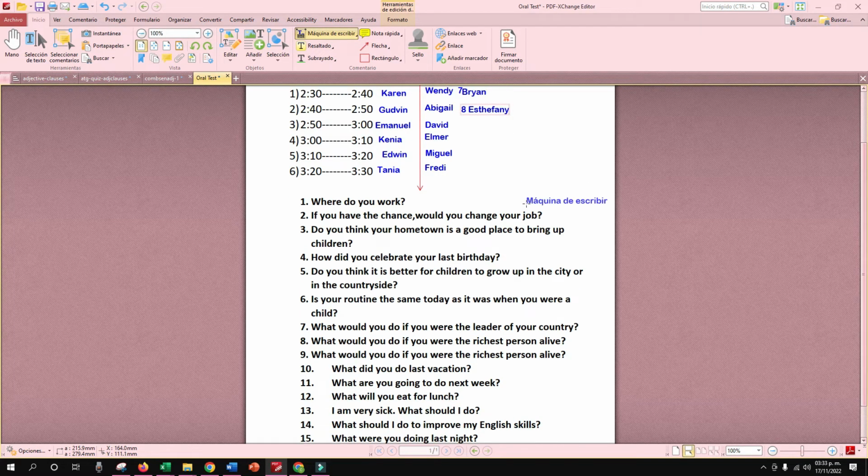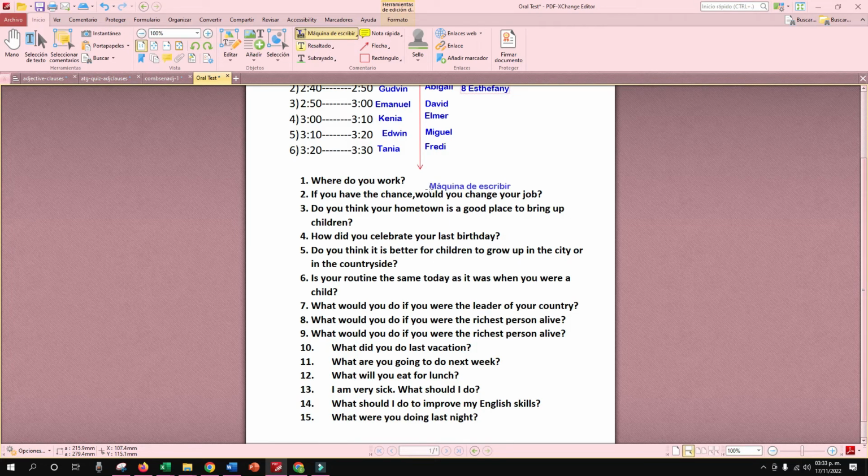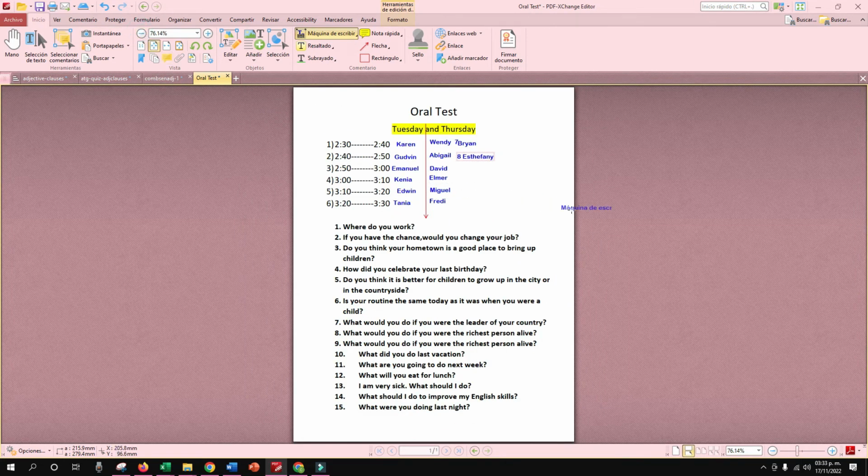Entonces, chicos, igual, yo se los voy a mandar, pero si ustedes quieren tomarle captura, foto, ahí está. Ahí están las preguntitas y ahí está el horario. En su caso, que ustedes están en clases ahorita, van para el día martes, ¿ok? Y todos los demás van a quedar para el día jueves.